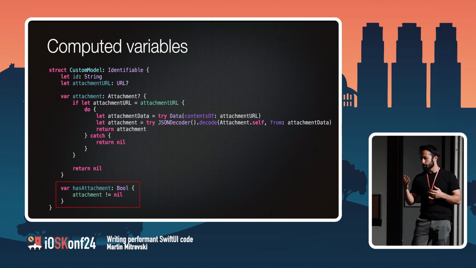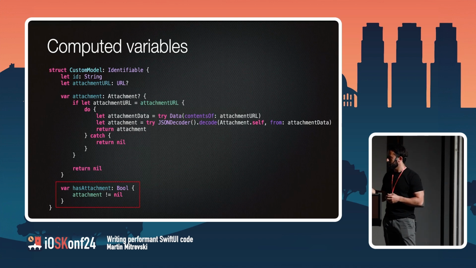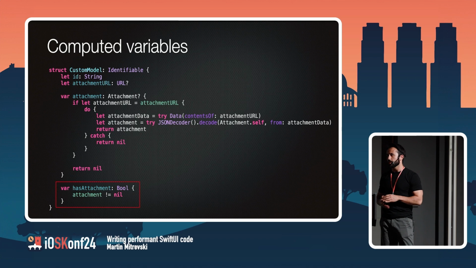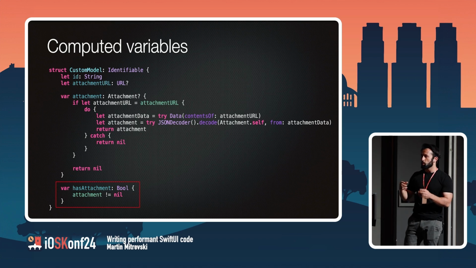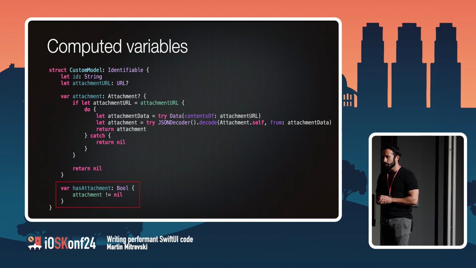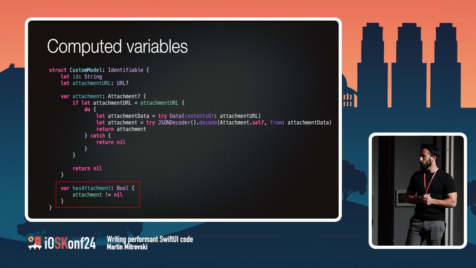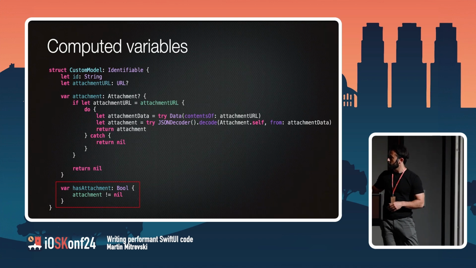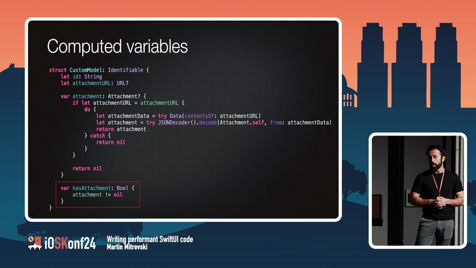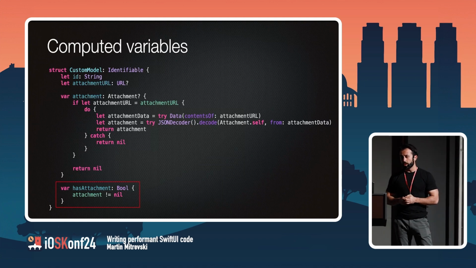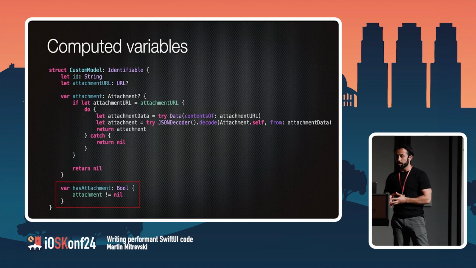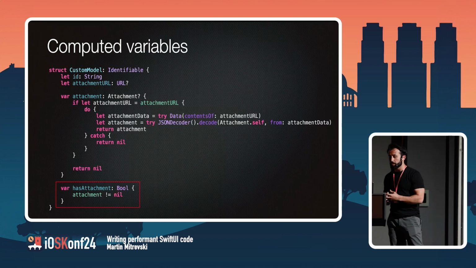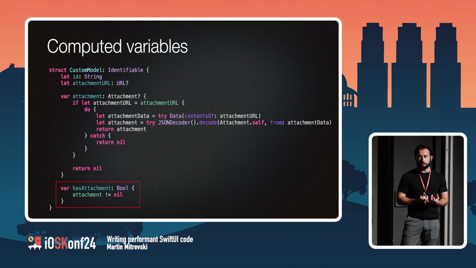For example, let's say we have a hasAttachment boolean at the bottom that is used in SwiftUI view code to show an icon or not. If you just look at the view, you won't notice this, but if you dig deeper, you will see that it depends on another computed variable, which always loads the attachment, always decodes it, and then returns it, and then we just check whether this is nil or not.